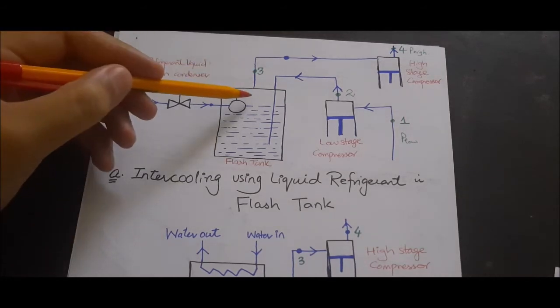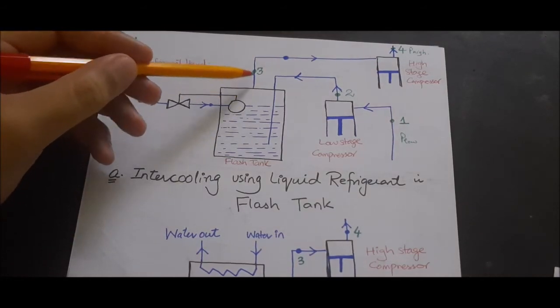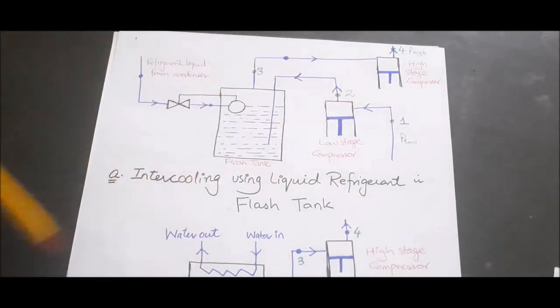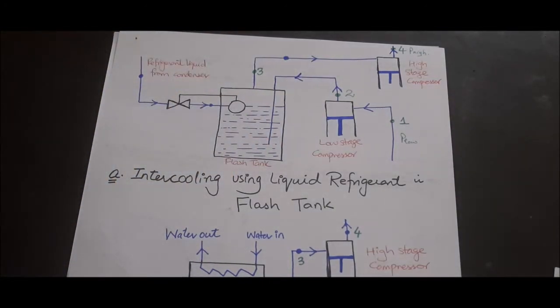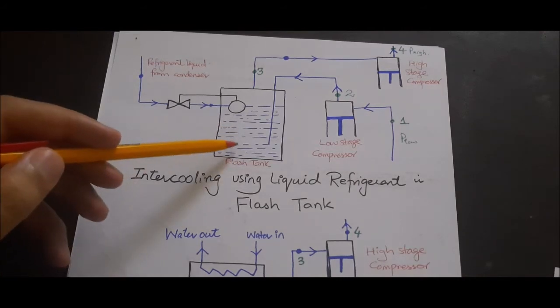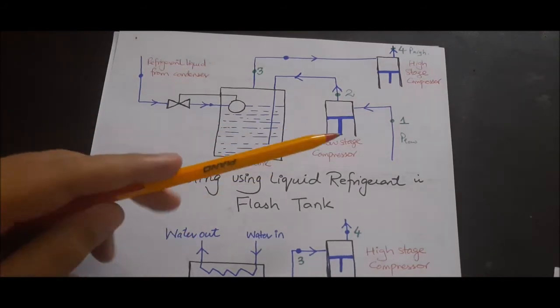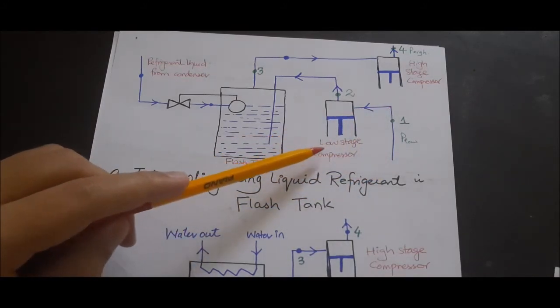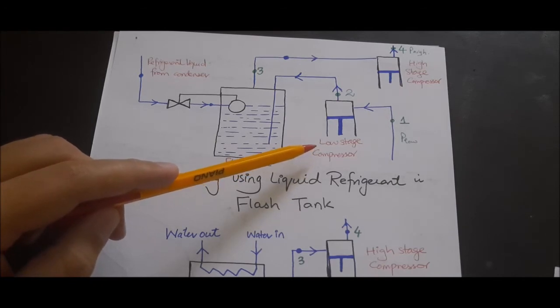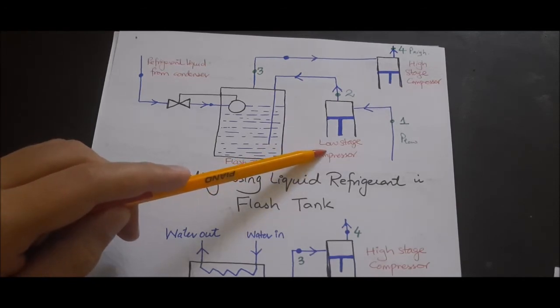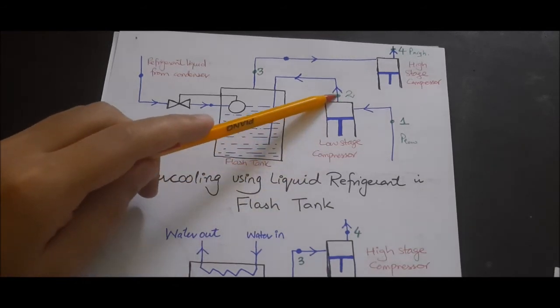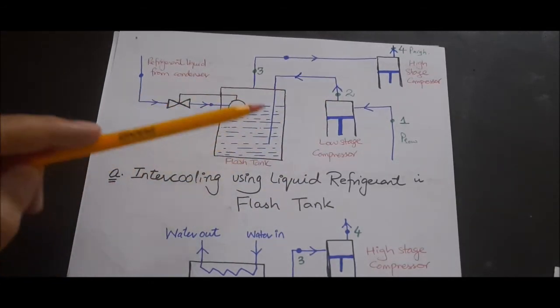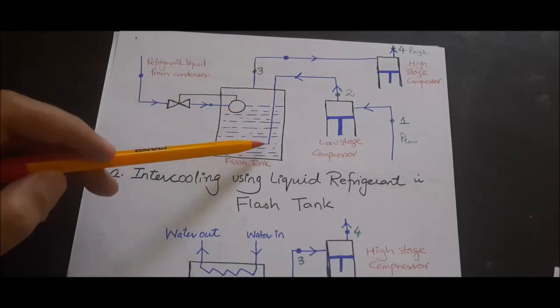Some of the gases due to the expansion actually move to the higher compression state where they have been compressed. So this refrigerant over here is actually cooled, and when there is an input from the compressor, when the saturated vapor is compressed in the low stage up to a certain pressure, then it is passed into the refrigerant.